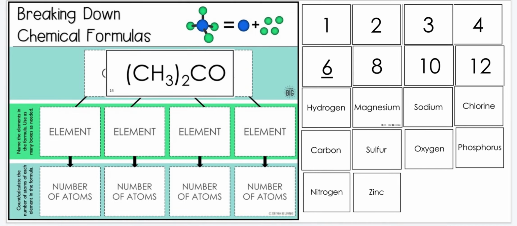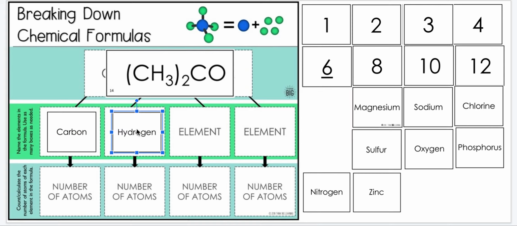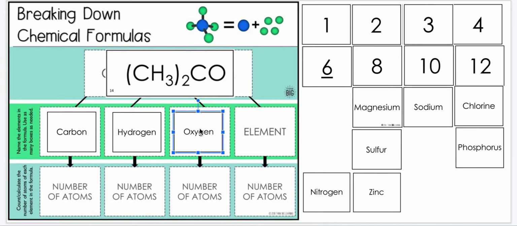And last but not least, (CH3)2CO. So I have C is carbon, H is hydrogen. Oh, I have another carbon here, so I'm going to have to keep track of that one. And I have O for oxygen. Let's start with the easy end here. My oxygen has no subscript, so that's going to be an invisible 1.